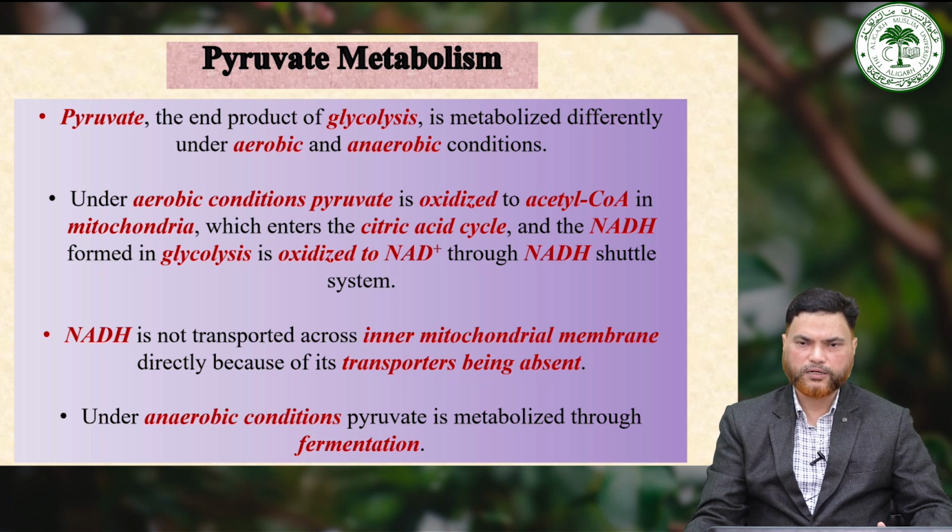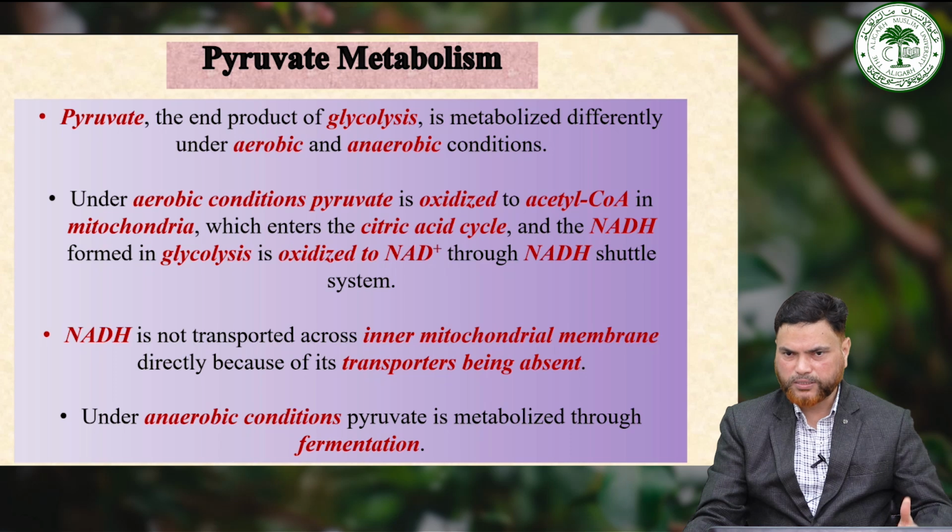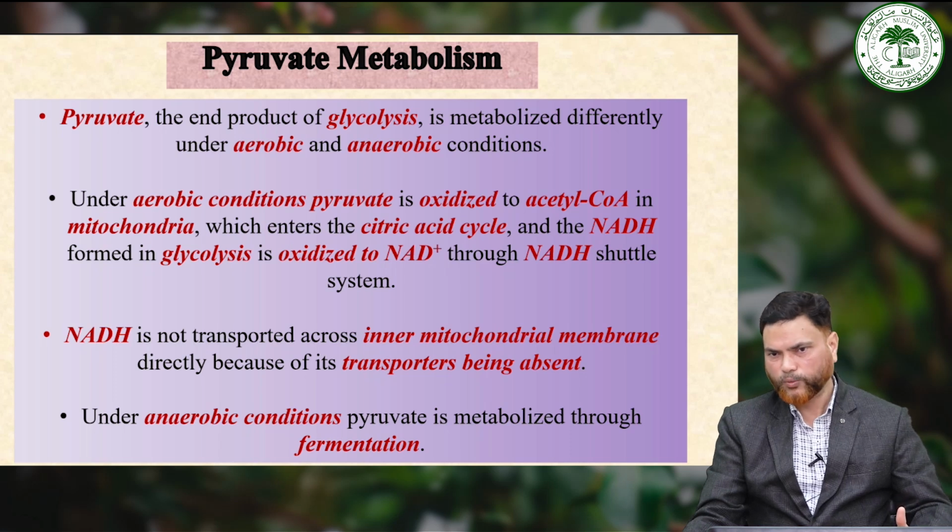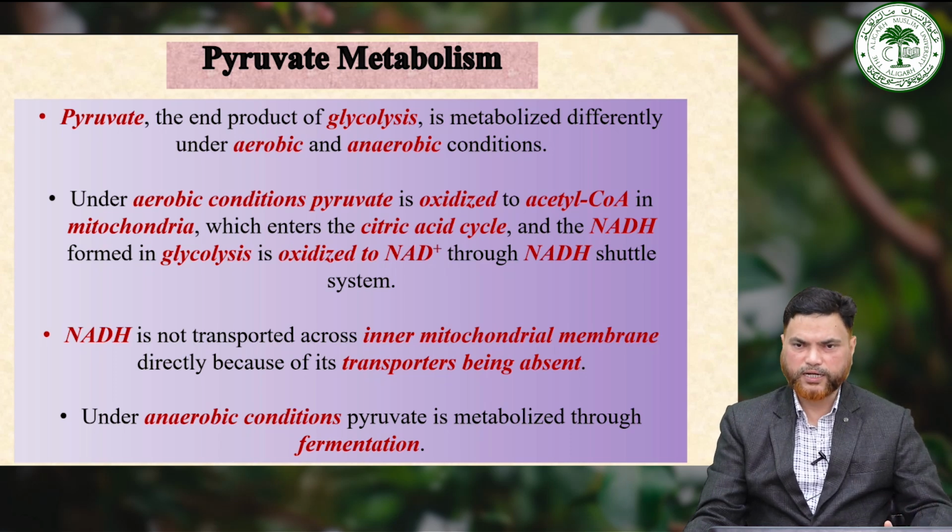What happens generally in aerobic conditions is that pyruvate, the end product of glycolysis, undergoes oxidation inside the mitochondria to form acetyl coenzyme A. This acetyl coenzyme A then participates in the citric acid cycle.